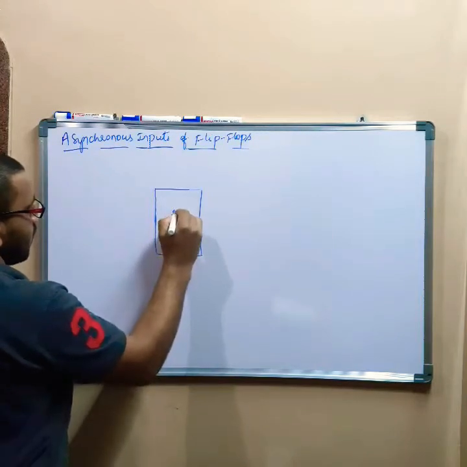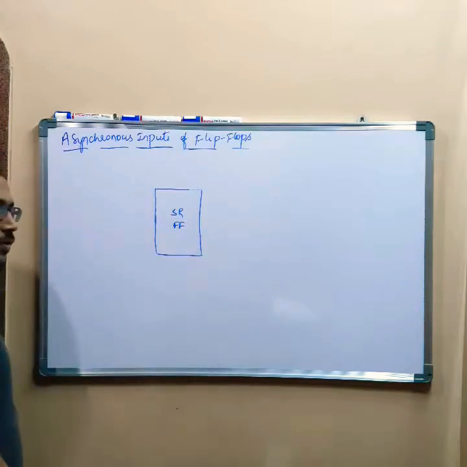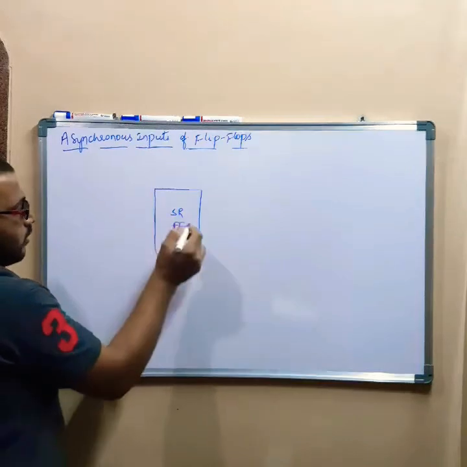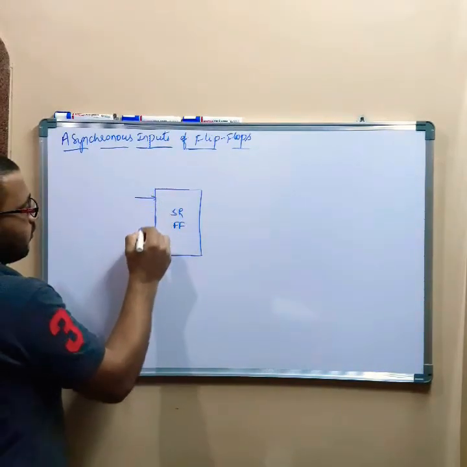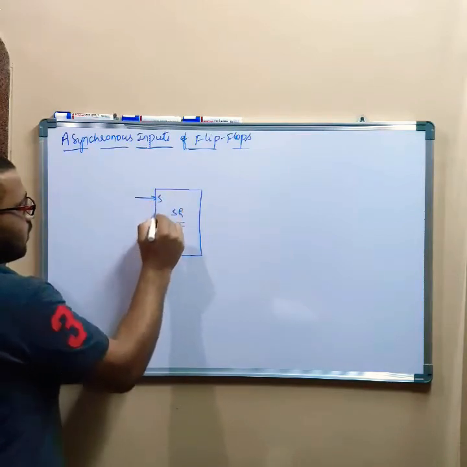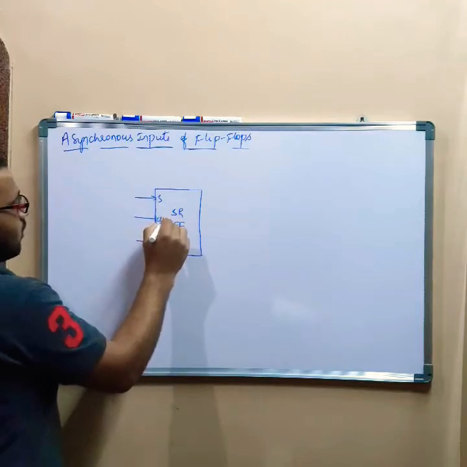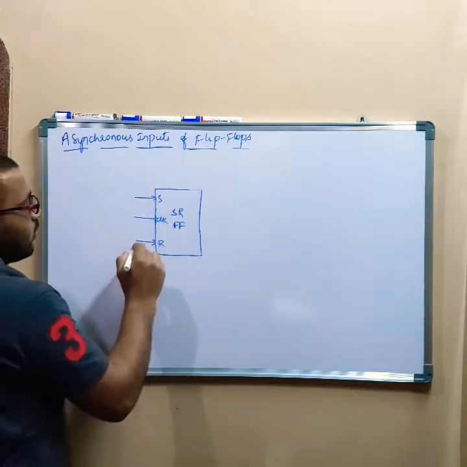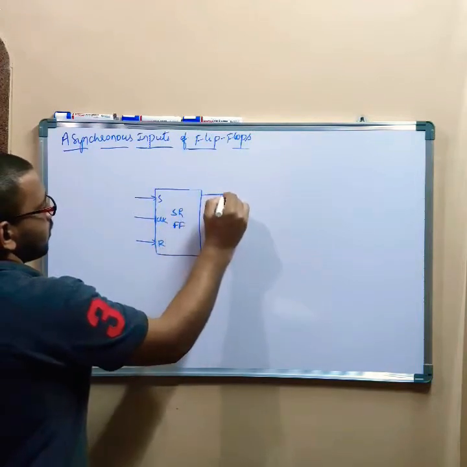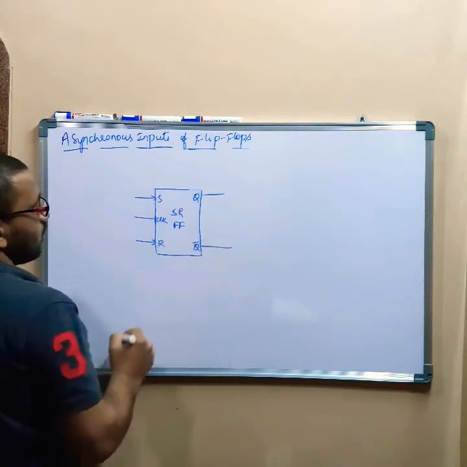Let us take any flip-flop. Not only SR, for all the flip-flops these asynchronous inputs are available. For example, I am taking SR flip-flop and explaining. This is input S, input R, this is the clock pulse, and this is output Q, this is output Q bar.